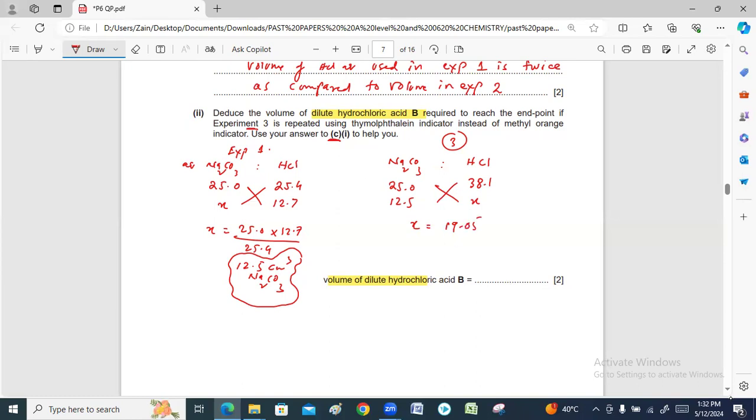So the volume of dilute hydrochloric acid B should be 19.05 according to the same ratio. So to react completely with 12.5 centimeter cube aqueous solution of sodium carbonate, the volume of dilute hydrochloric acid required to reach the endpoint is 19.05.